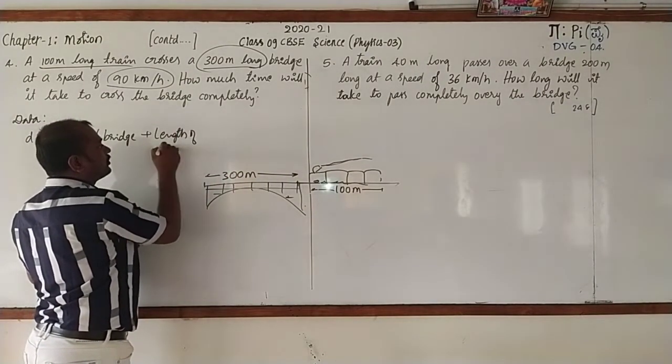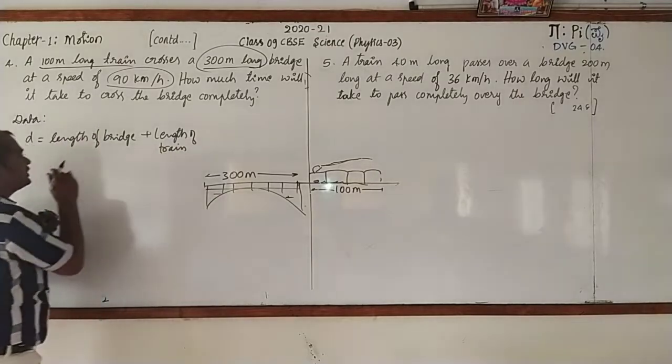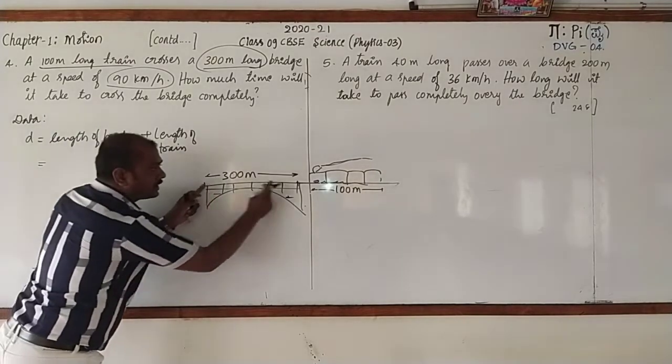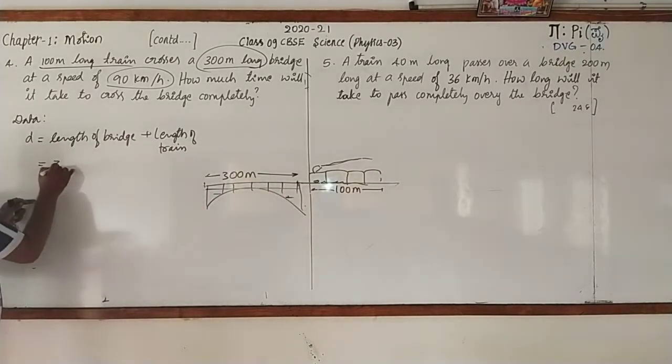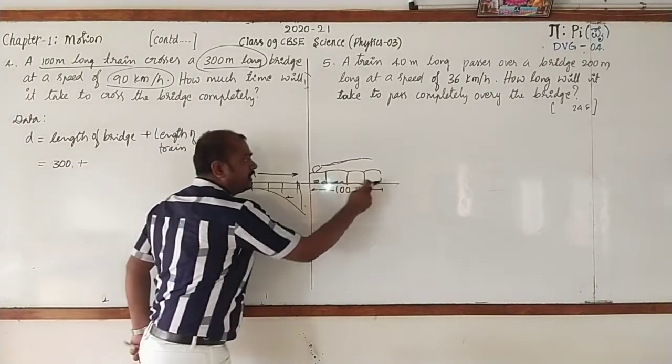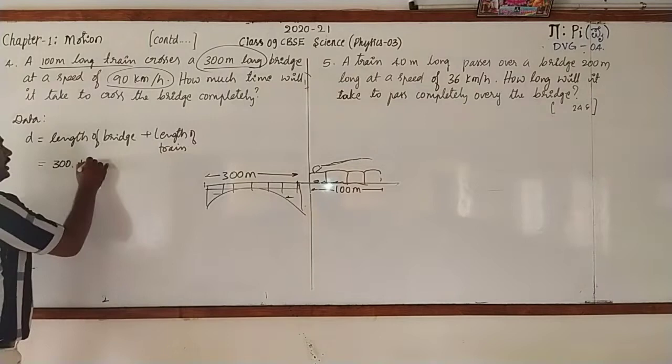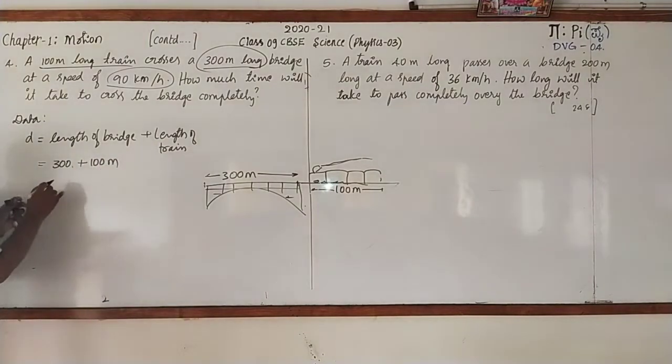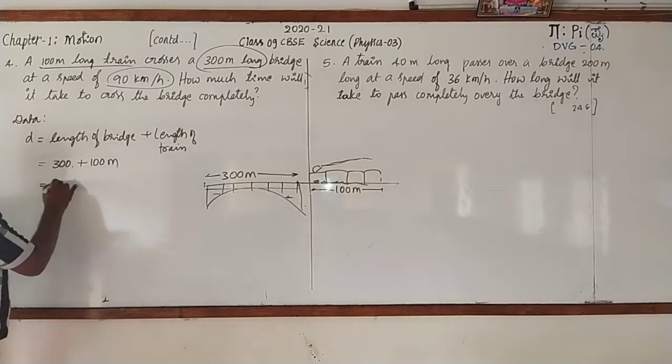Length of the bridge is 300 meter, plus the length of the train, 100 meter. Then what is the total distance to be travelled by the train to cross the bridge? You are right, it is 400 meter.